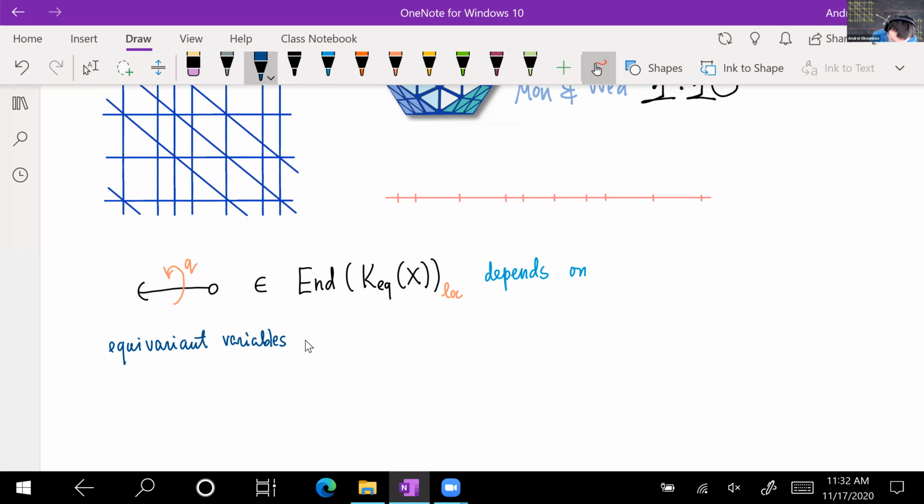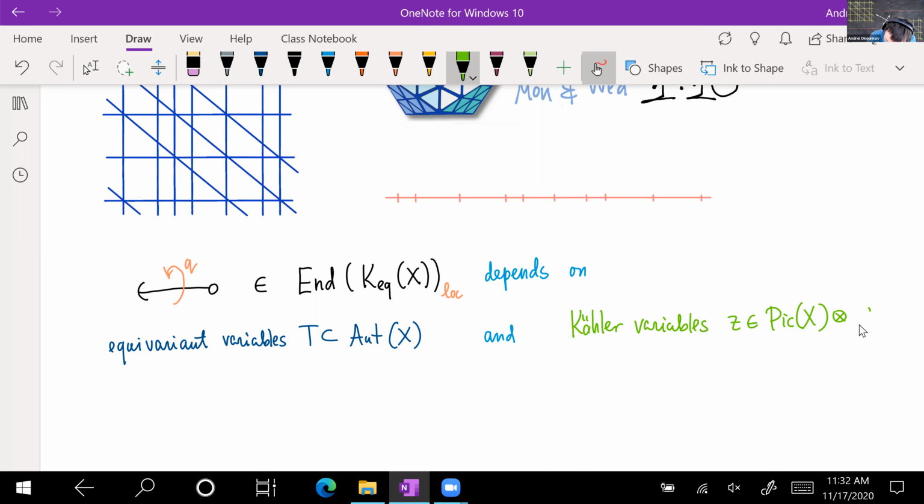And thus we can choose inside a maximal torus of the automorphisms of X. And also what people call the Kähler variables. We call them Kähler variables, Z, and they live in Pic(X) tensor, well, C star if you want.